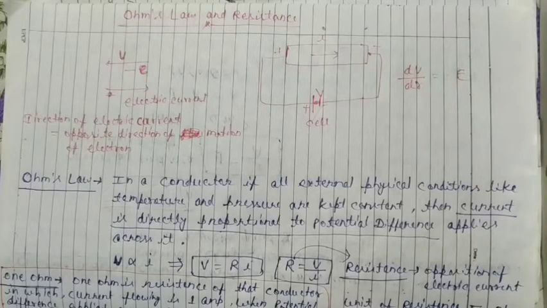In the conductor, how do we make an electric field? The answer: we apply a potential difference across the conductor with the help of some outside agent, which is an electric cell.